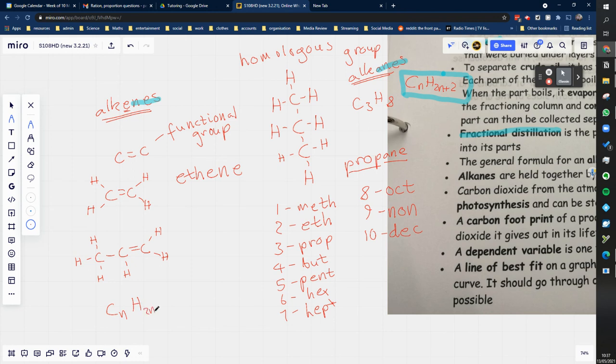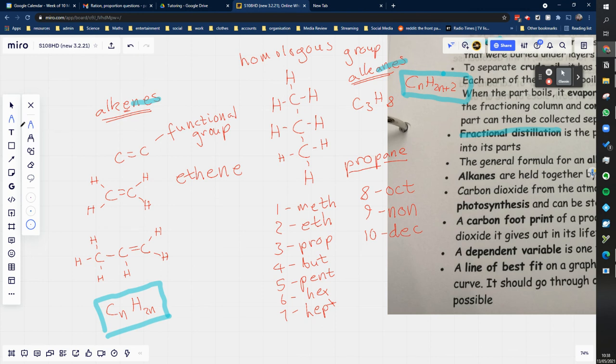Most carbons would have 2 hydrogens each, so 2n, and you'd have the hydrogens at each end, but you'd also lose 2 hydrogens because 2 of the carbons would have 1 less bond available. So it ends up just being that. The general formula for an alkene is CnH2n. It's easier to remember, but more difficult to understand why it's that. And the alkane one is harder to remember, but easier to understand why it's that.